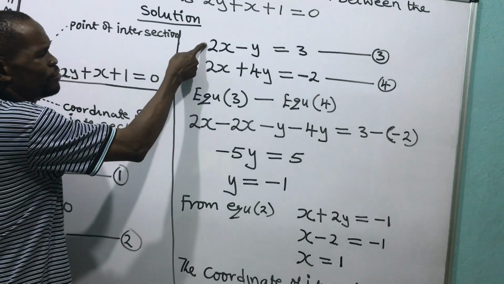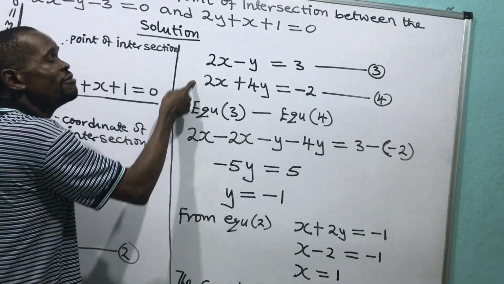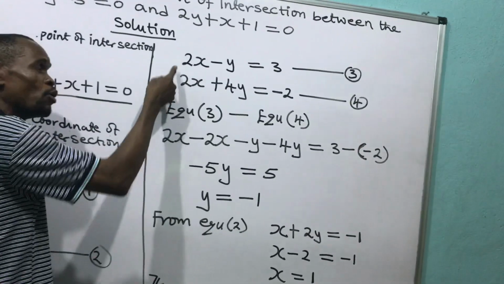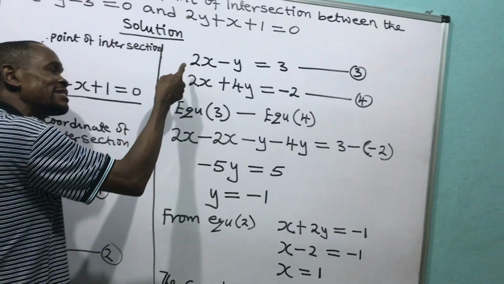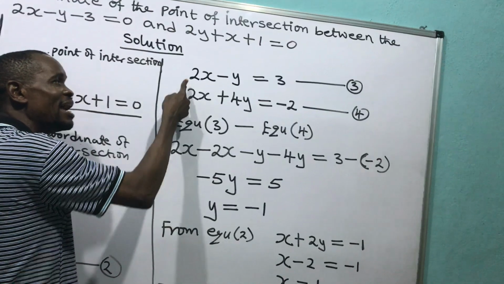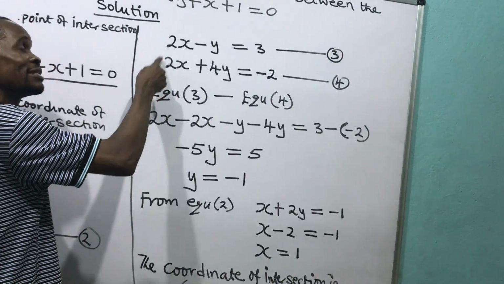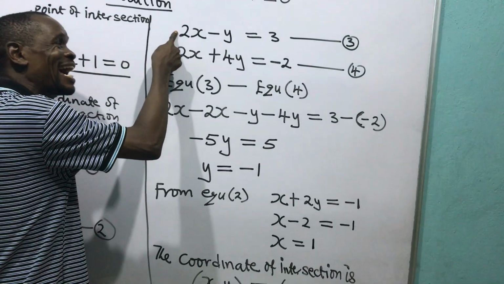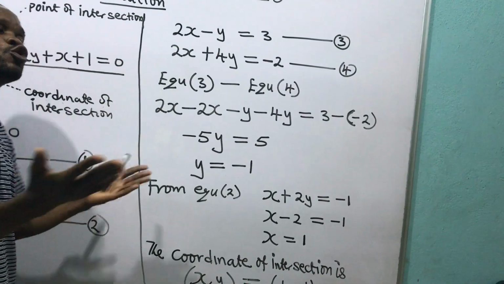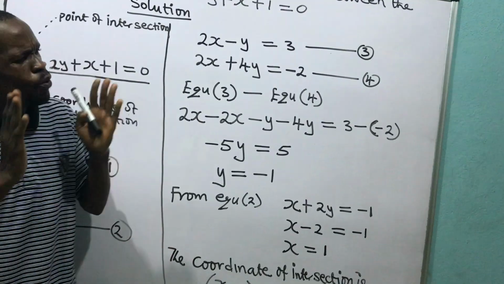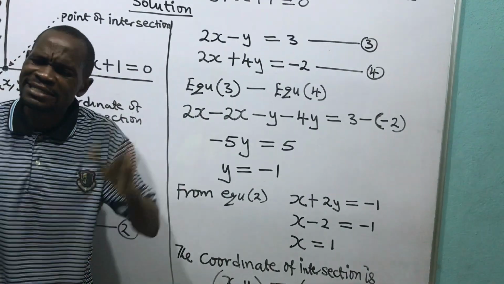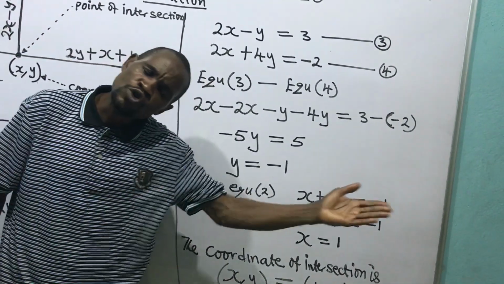When we have the same sign in the value I want to eliminate, since I want to eliminate x, and this x in equation 3 has a positive sign and in equation 4 it has a positive sign, I'm going to use minus. When what I want to eliminate has the same sign, I use minus.